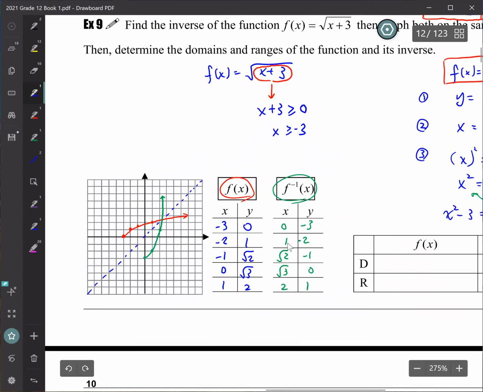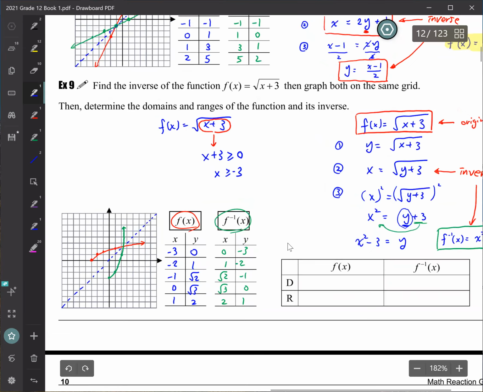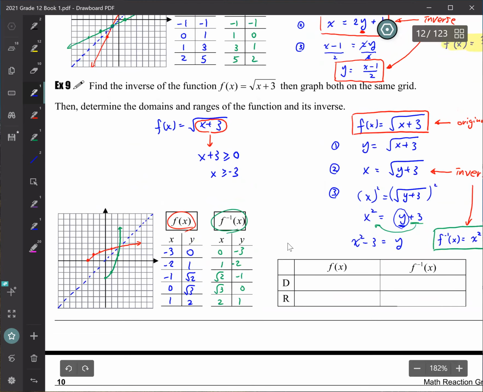So last part, in the homework, you will also be asked to write the domain and range for both functions, okay? Domain refers to X, range refers to the Y. So usually it's easier to figure that out by looking at the graph. So for the f of X, you can make a chart like this for the homework. So f of X, you look at the red graph.